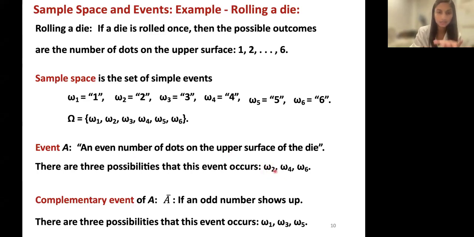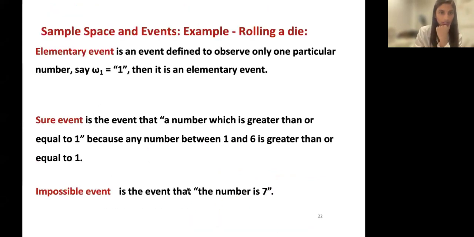So the event is 2, 4, and 6. And A complementary is the odd numbers 1, 3, and 5, like I just said before. Now, coming back to the definitions, an elementary event is an event defined to observe only one particular number.